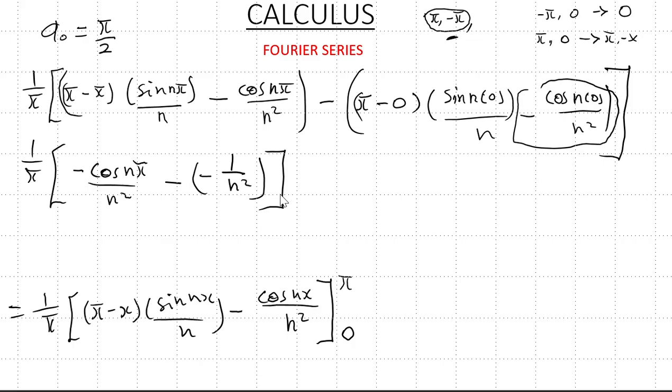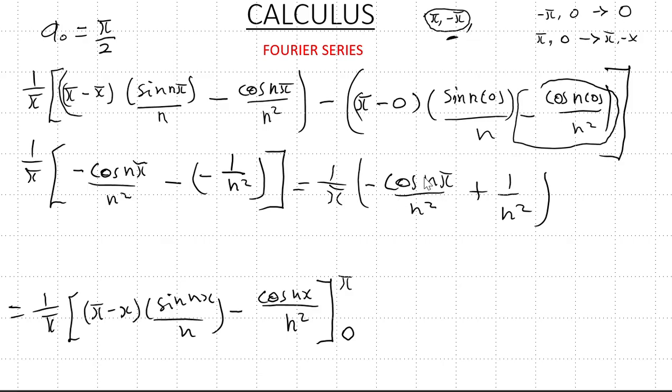So this is what we get. Now we have 1 over pi. So let's erase this, and that's going to be minus cos n pi divided by n squared plus 1 over n squared. So this is what we get.